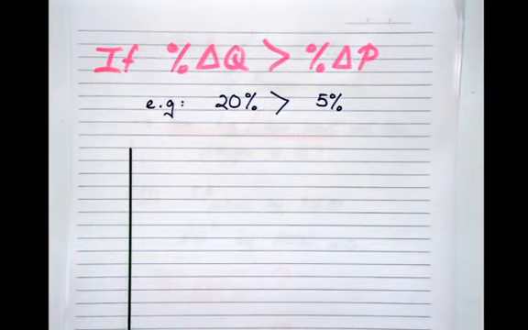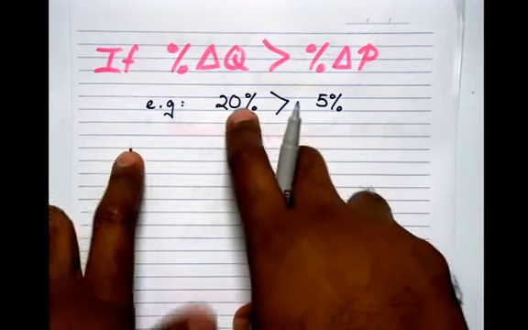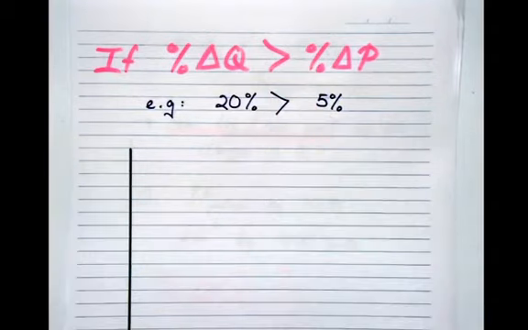So Woolworths advertises, we're going to reduce all our prices by 5% and the quantity demanded changes by 20%. Is that sensitive or not so sensitive to the price?